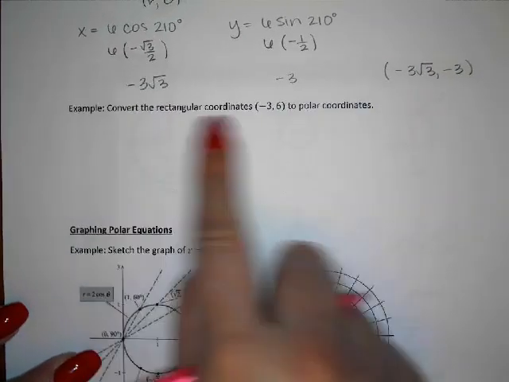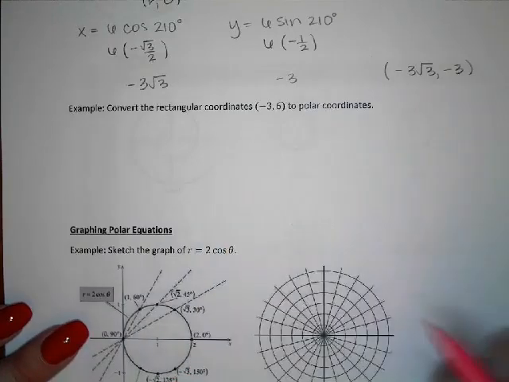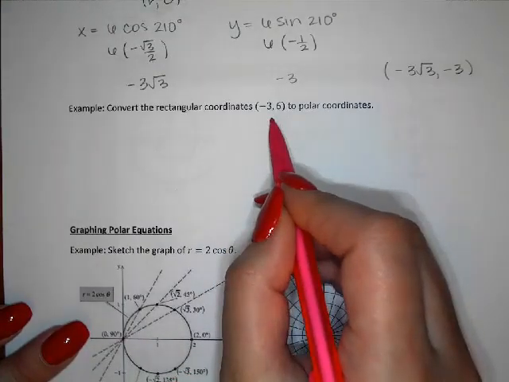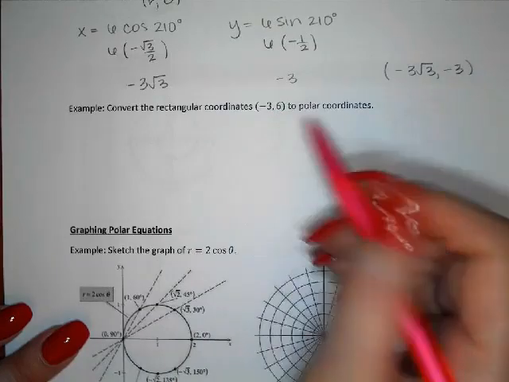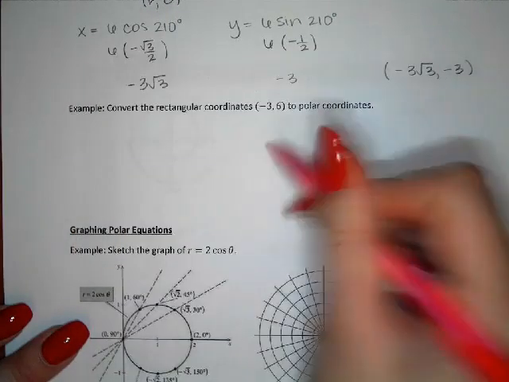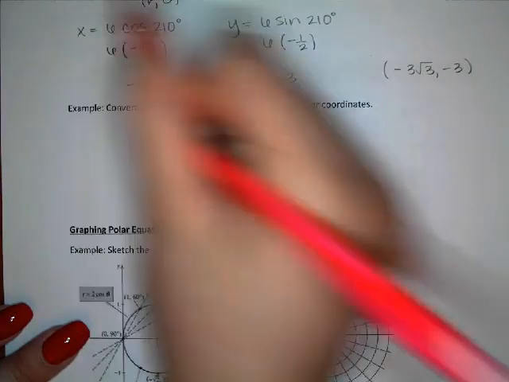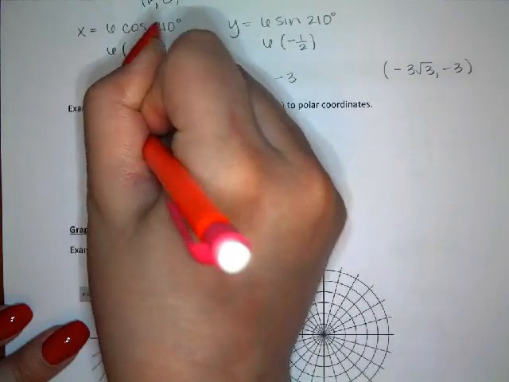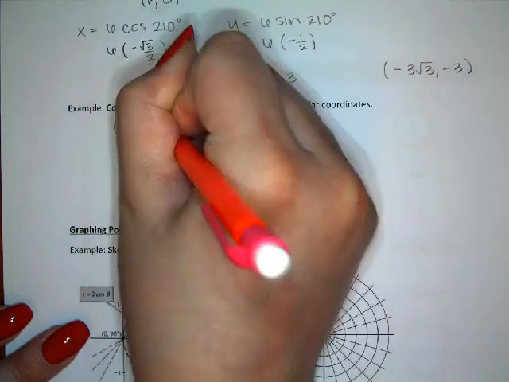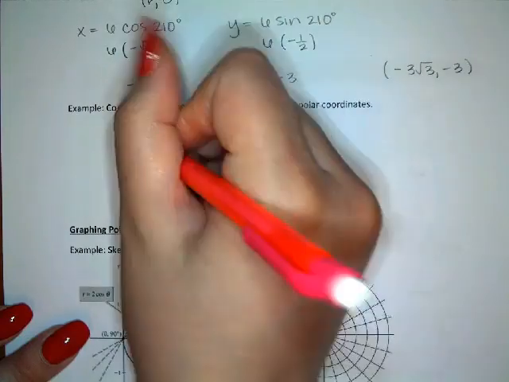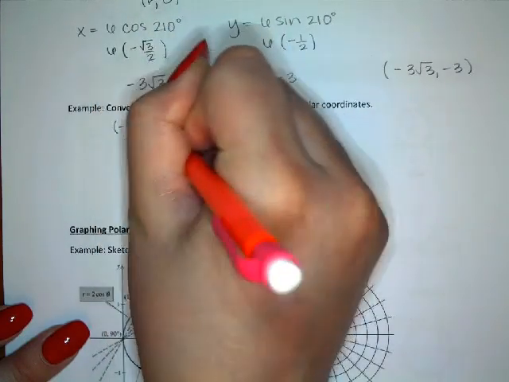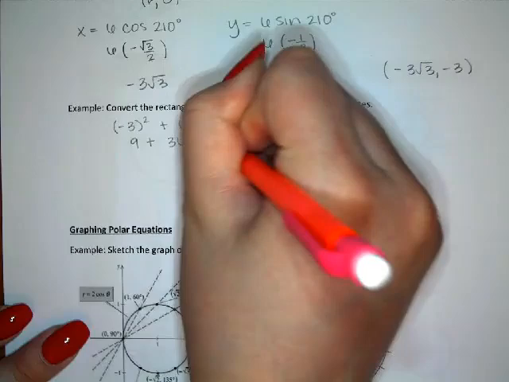And so for this one, convert the rectangular coordinates to polar coordinates. So I'm going to use that Pythagorean theorem formula to find the radius. So I'm going to have x squared plus y squared equals the radius squared. So 9 plus 36, 45.